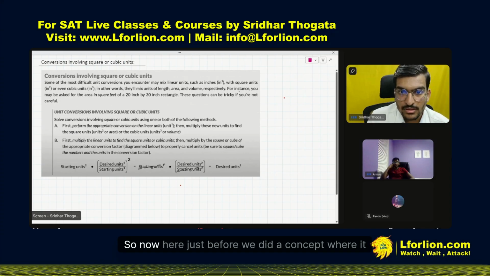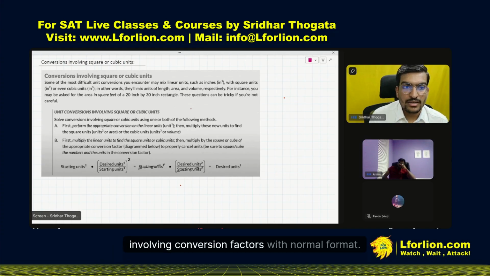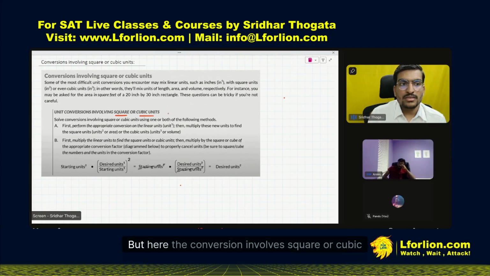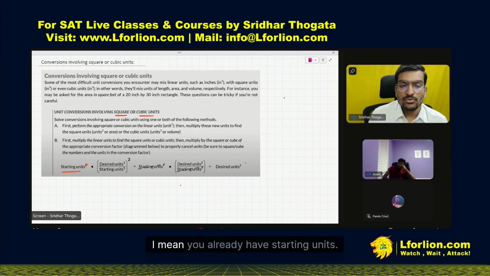Just before, we did a concept involving conversion factors in normal format, with no square and cube things. But here the conversion involves square or cubic units. How to deal with that? It's exactly the same. You already have starting units, and you need desired units.